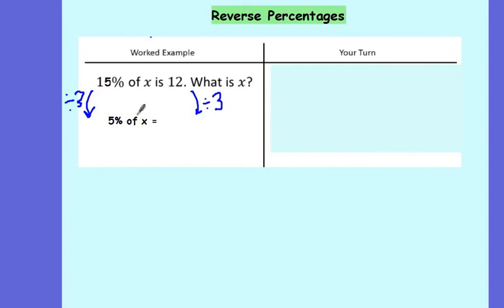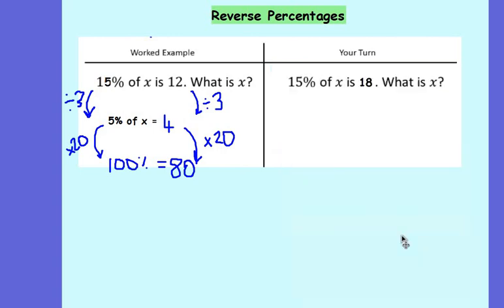So in this case, 5% of x is just 4. I can then multiply that by 20 to tell me that 100% of x, or all of x, is 4 times 20, which is what, Theo? 80, lovely.